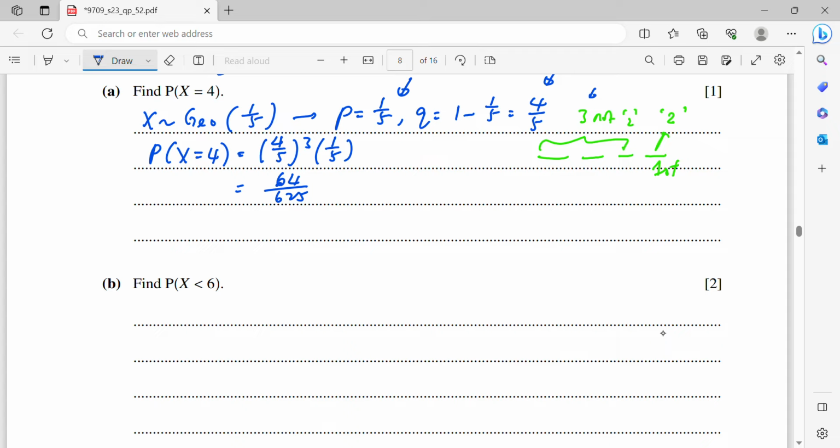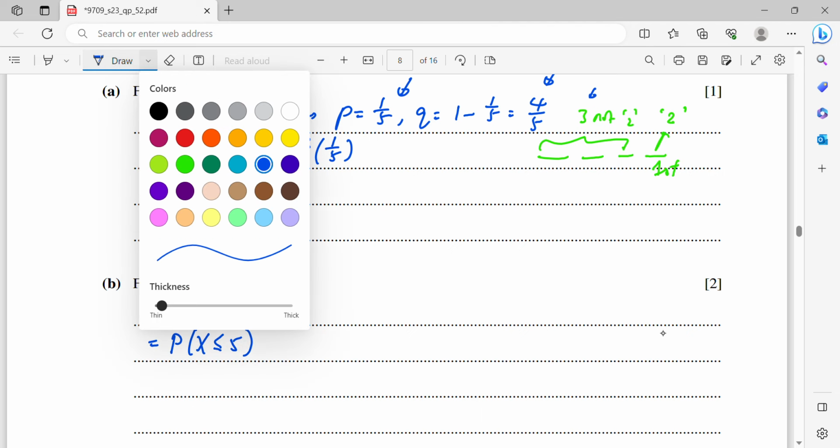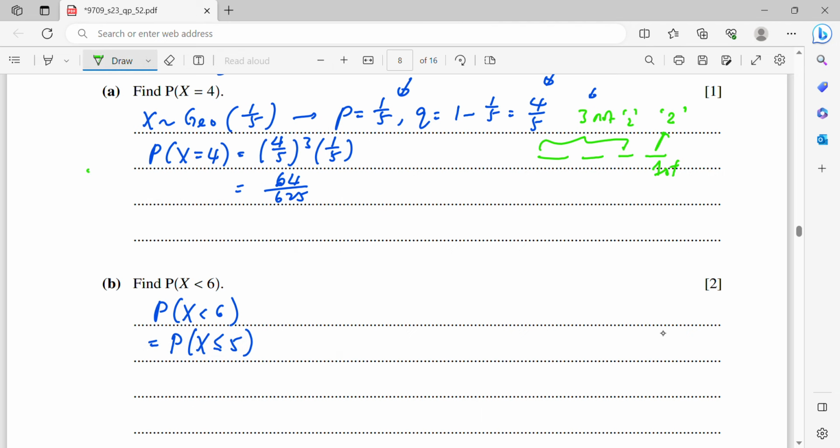Now, when P(X < 6), that means it will be 1 until 5 because you have to run the experiment at least one time. So I will say that this is P(X ≤ 5). Now if you still remember for geometric distribution, X is geometric with p, probability of success, P(X ≤ x) will be 1 minus q to the power of x.